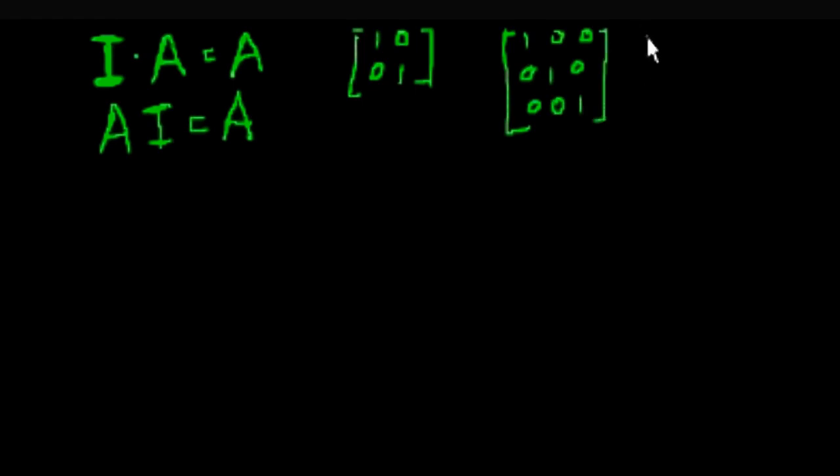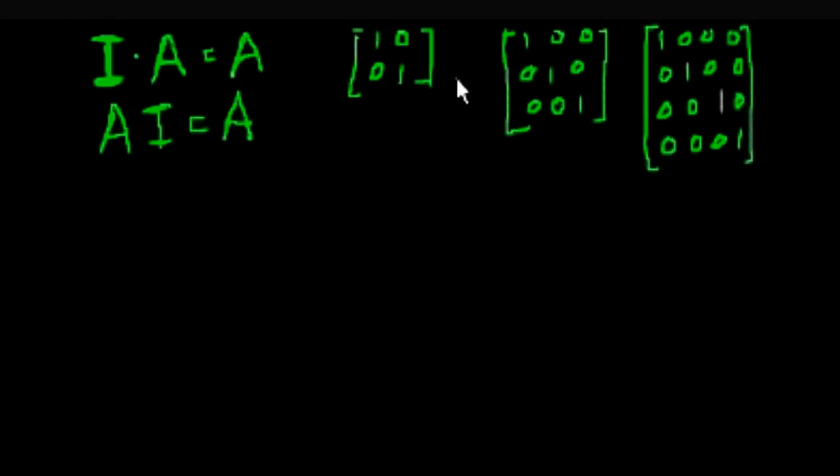If you want a 4 by 4, the identity matrix is 1, 0, 0, 0, 0, 1, 0, 0, 0, 0, 1, 0, 0, 0, 0, 1. So you can see what the identity matrix is for a given dimension. We could extend this to an n by n matrix, where you just have ones along the top left to bottom right diagonal, and everything else is a 0.